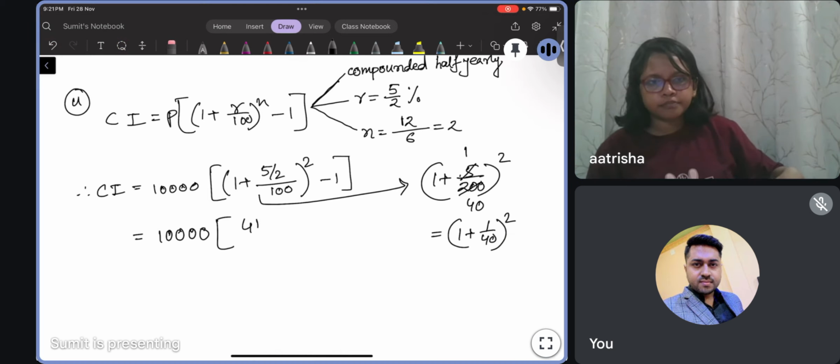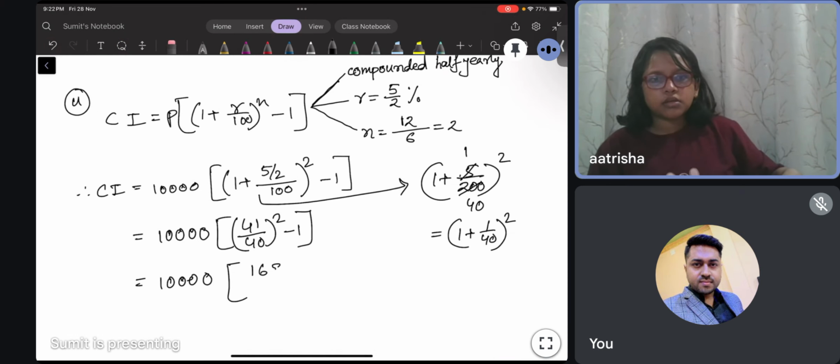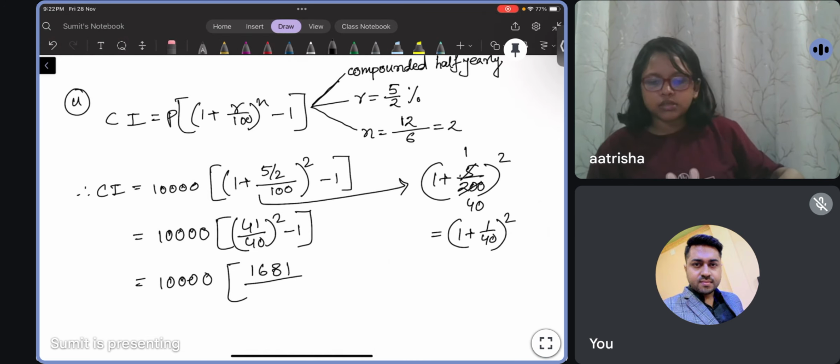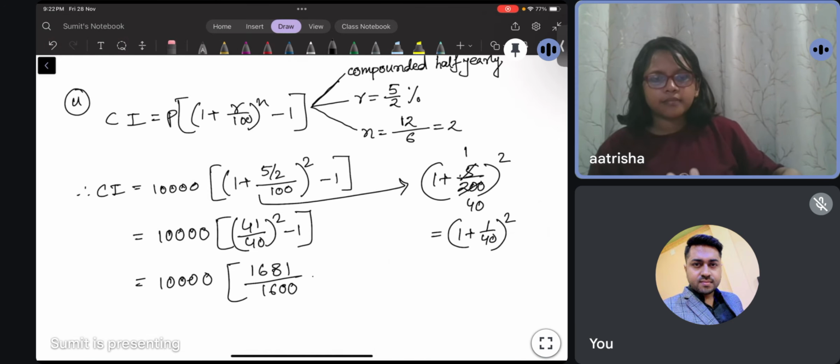41 by 40. 41 by 40 whole square minus 1. So that has come out correctly. Then 10,000 into 41 by 40, if you do the square, then 41 square, if I'm not wrong, 1681 upon 1,600 minus 1.